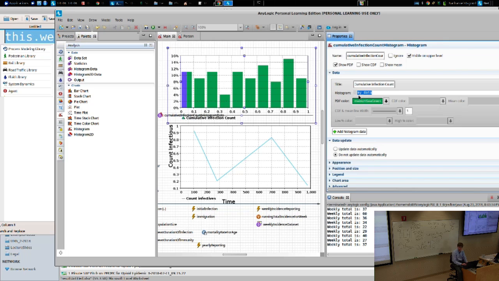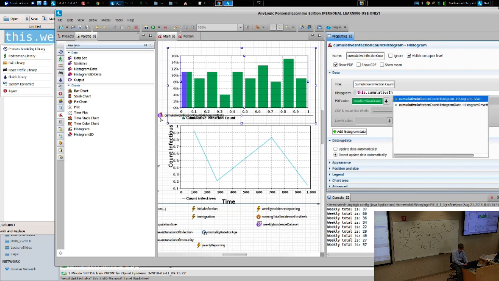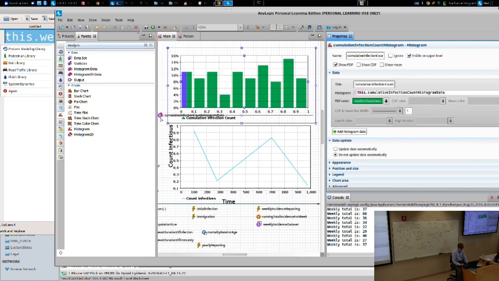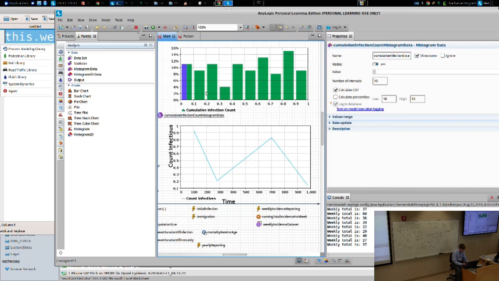In the histogram here, to which it refers, it says cumulative infection count histogram data. So in other words, this chart goes along as a pair with this.